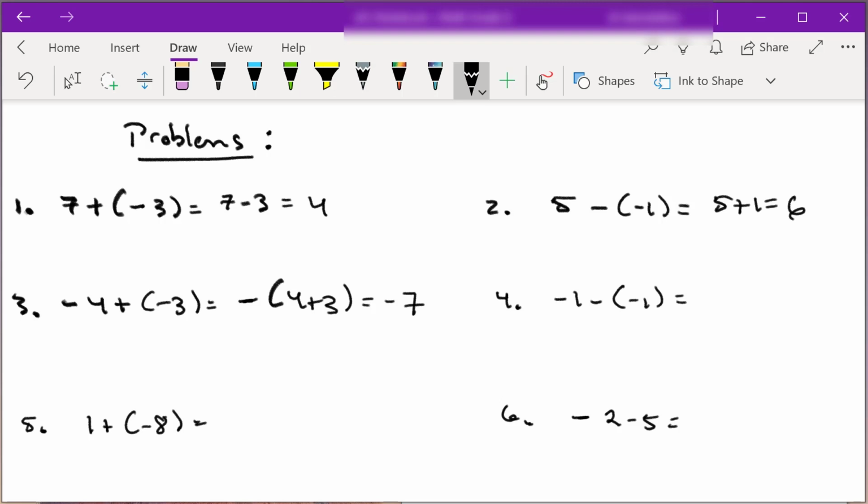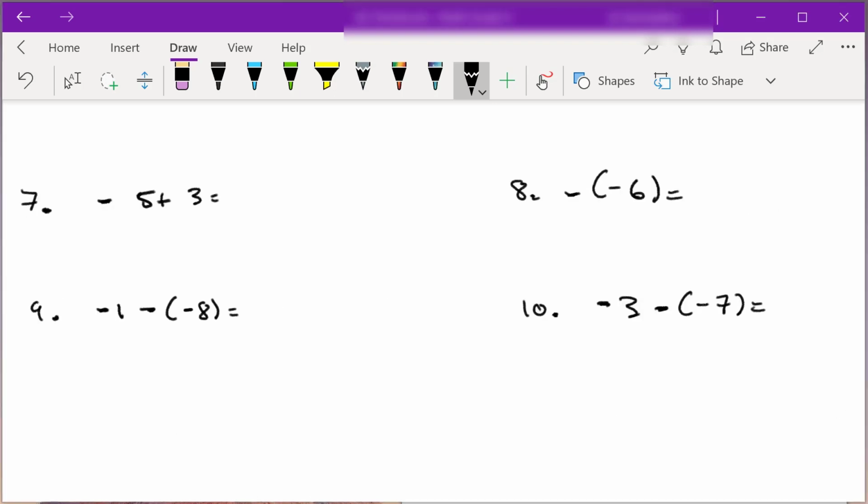Minus 1 minus minus 1 could be rewritten as minus 1 plus 1, which is 0. 1 plus negative 8 can be rewritten as 1 minus 8, which is minus 7. Minus 2 minus 5 is minus 7.